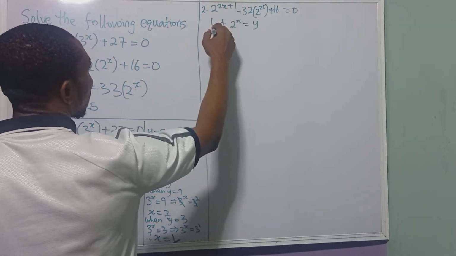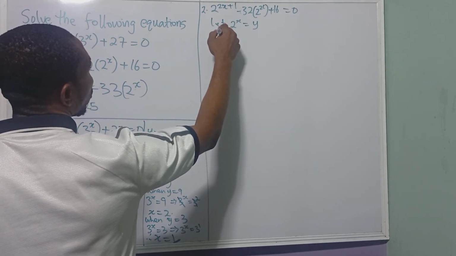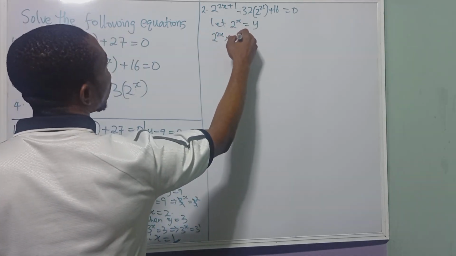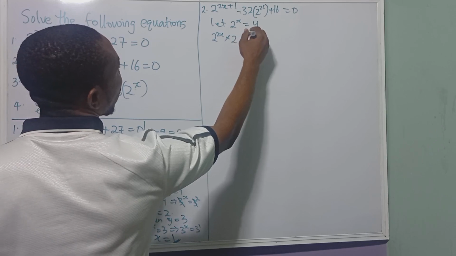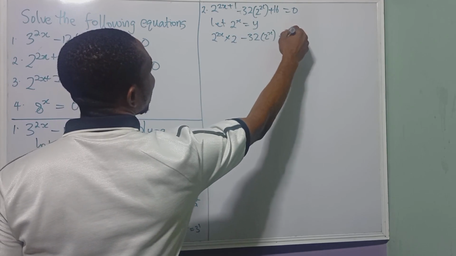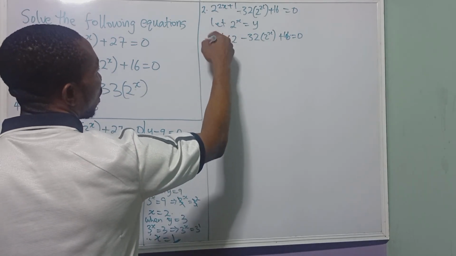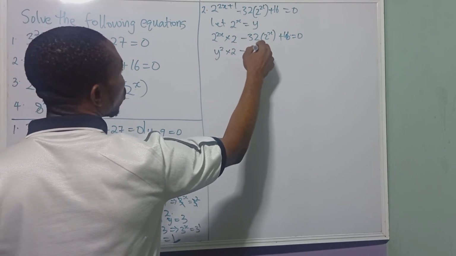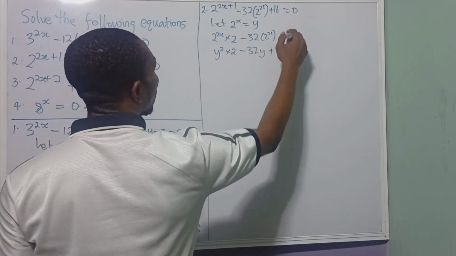Expanding this, we have 2 raised to 2x times 2 raised to 1, that will give us 2, minus 32 raised to x plus 16 equals 0. So this will be y squared times 2 minus 32y plus 16 equals 0.